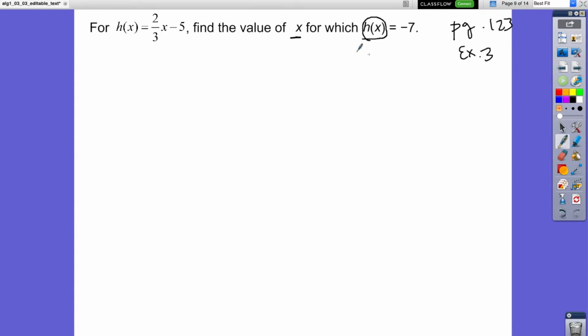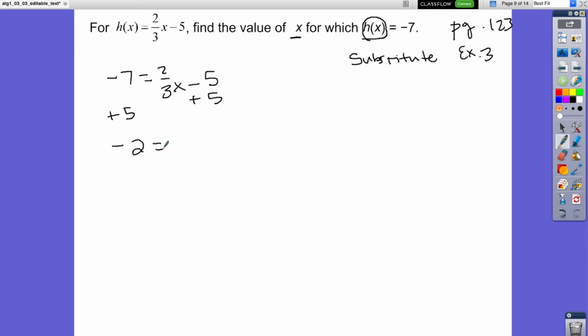So what you're going to do here is what you do all the time in math. You're going to substitute. And instead of h of x, what am I going to write? Good. So let's rewrite it. Negative 7 equals 2/3 x minus 5. Now we have to solve for x. What do we do? Add 5 to both sides.